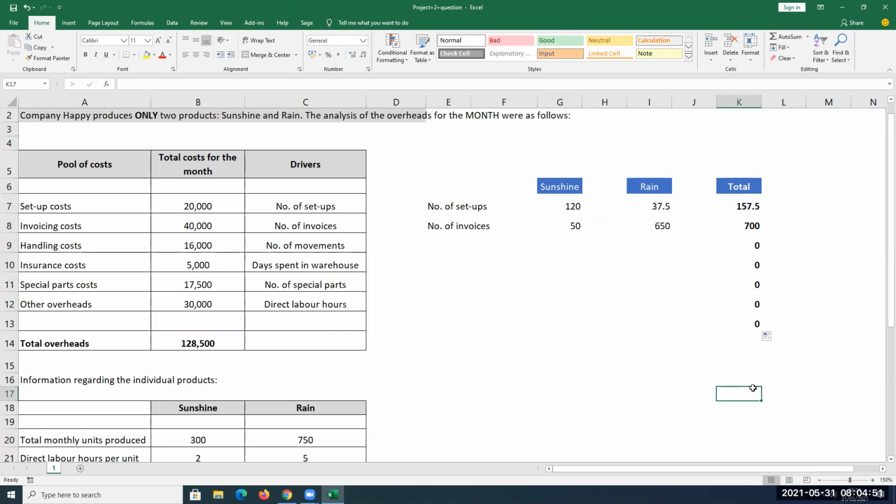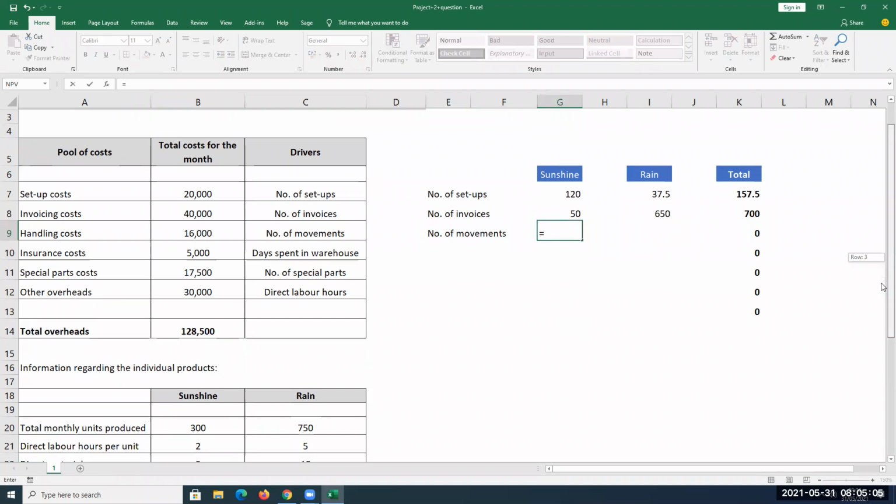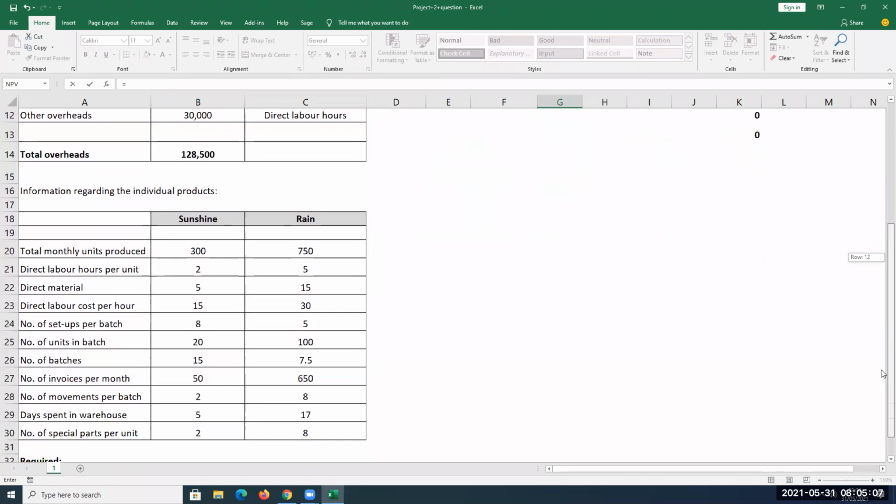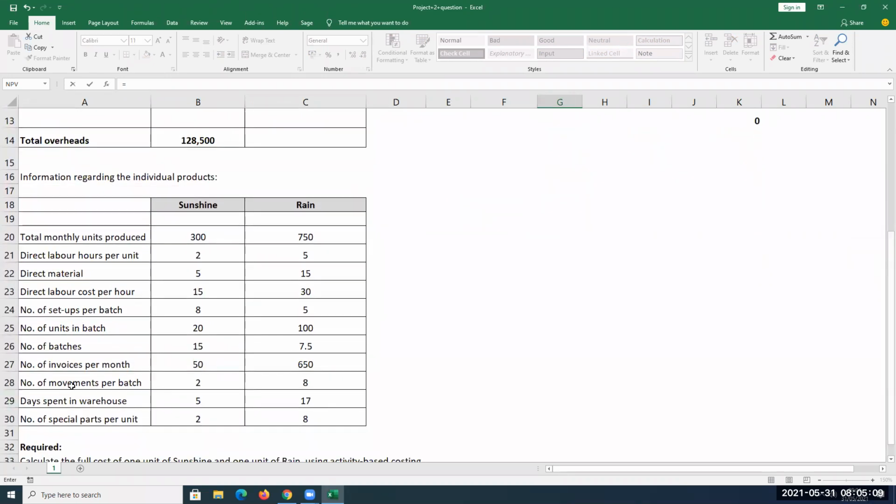Now, next, number of movements. If you check the table, it is given: number of movements per batch is 2. And how many batches are we running? We are running 15 batches.